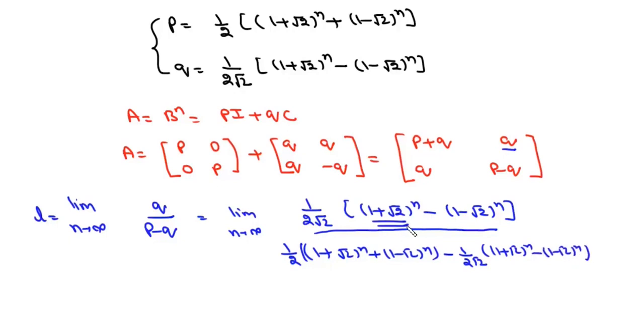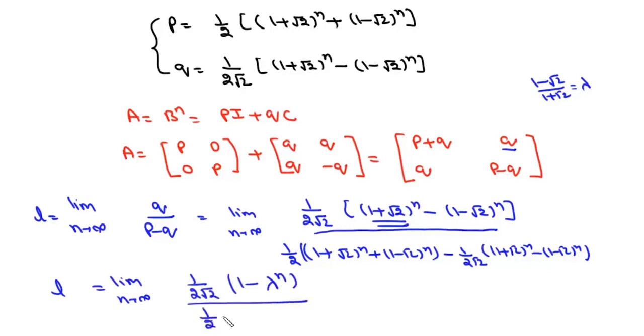Now we'll divide everything with (1 plus root 2) to the power n, and then we'll write (1 minus root 2) upon (1 plus root 2) as some lambda. So we can write this L as the limit n tends to infinity of 1 upon 2 root 2, (1 minus lambda to the power n), upon 1 by 2, (1 plus lambda to the power n), minus 1 upon 2 root 2, (1 minus lambda to the power n).